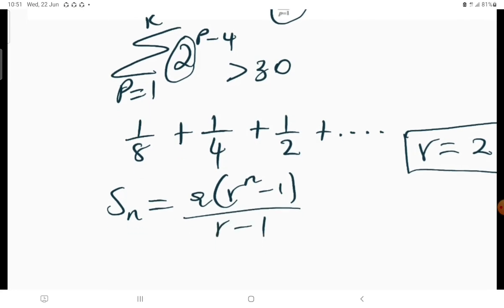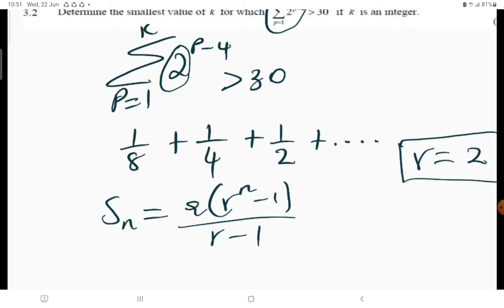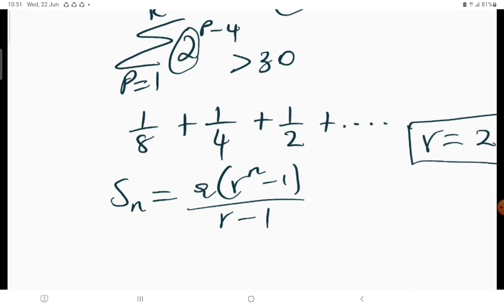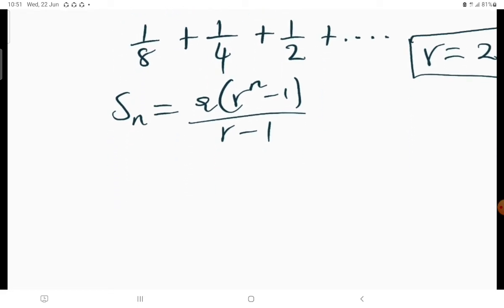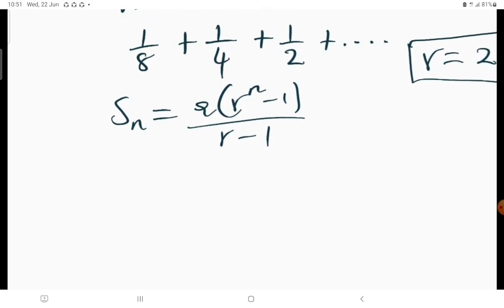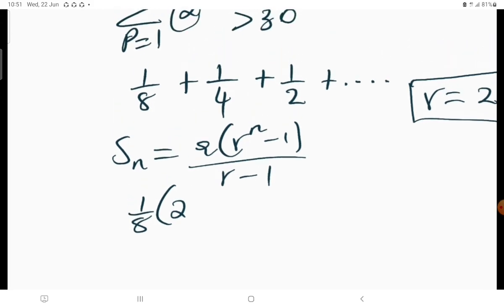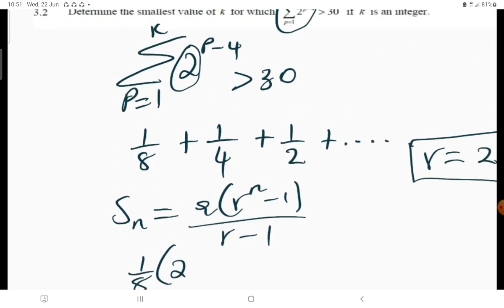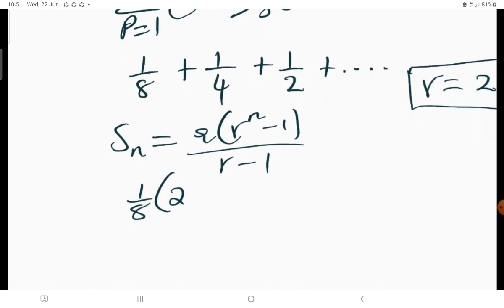So having this, we can see that the value of a is 1 over 8, our R is 2, and our n is what we are looking for, which means we have k in the place of n.